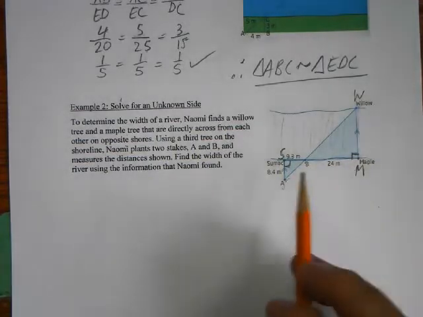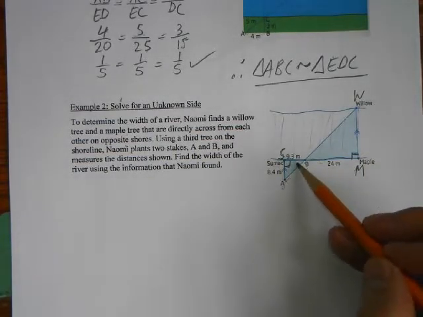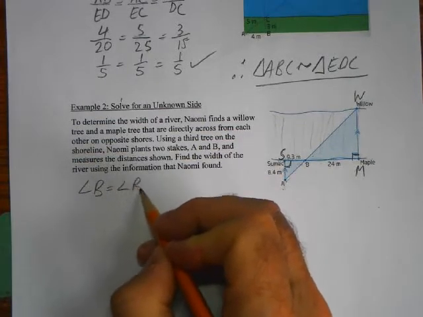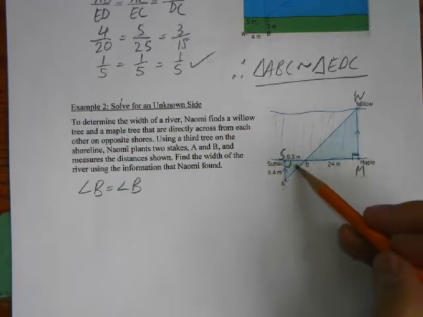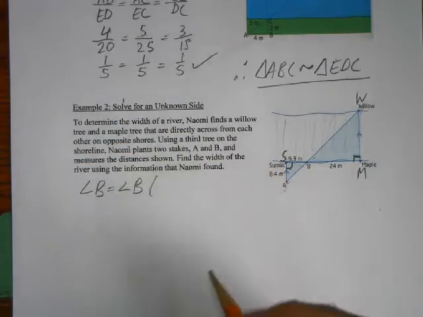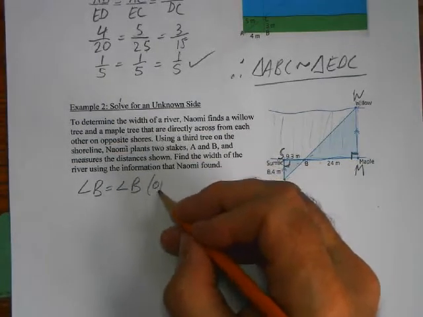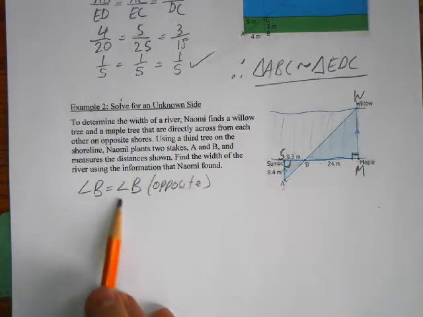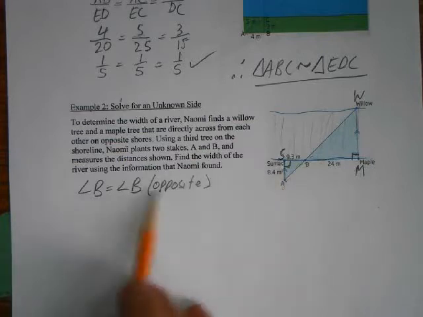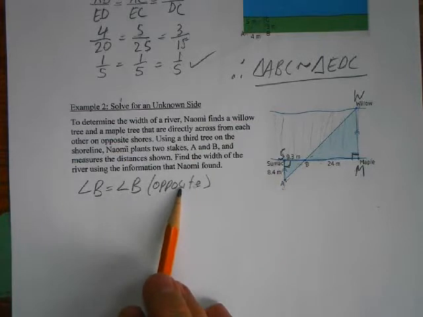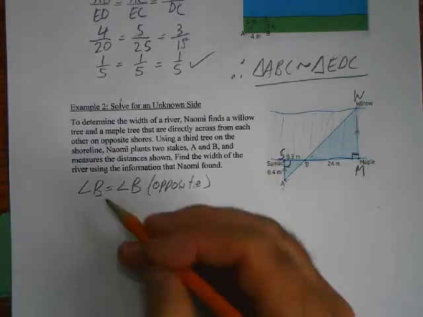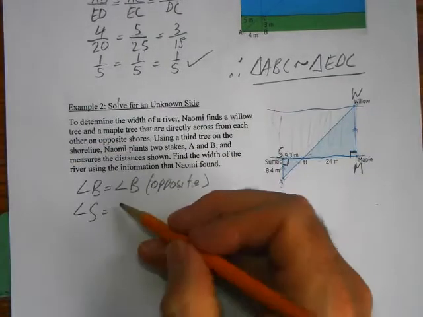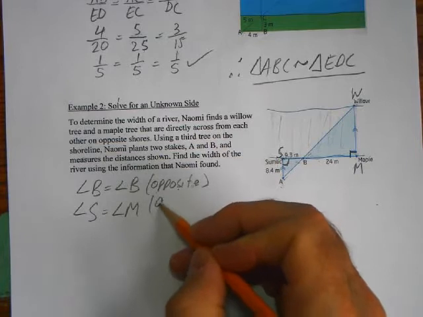So the first thing we can say between the two triangles, angle B is equal to angle B. Now these are actually different angles, but they're the same because if you remember from grade 9, these are opposite angles. So I'm actually putting a statement here. These two angles are equal because of the fact that they're opposite angles. Angle S is equal to angle M because they are both 90 degrees.